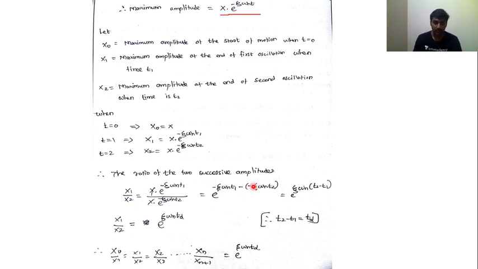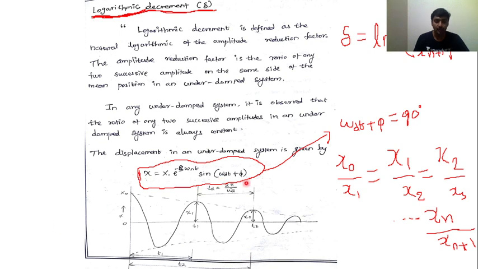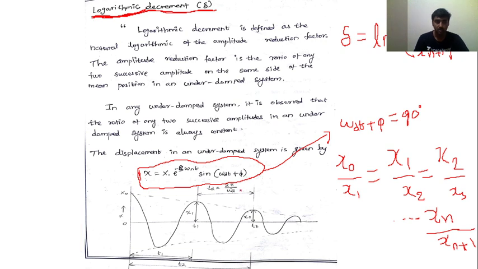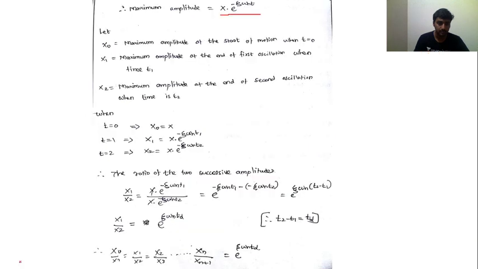So minus into minus is plus. Now we keep zeta omega n as a common term outside, and into t2 minus t1. We know that t2 minus t1 is equal to the damped time period. Substituting the damped time period value, we proceed.